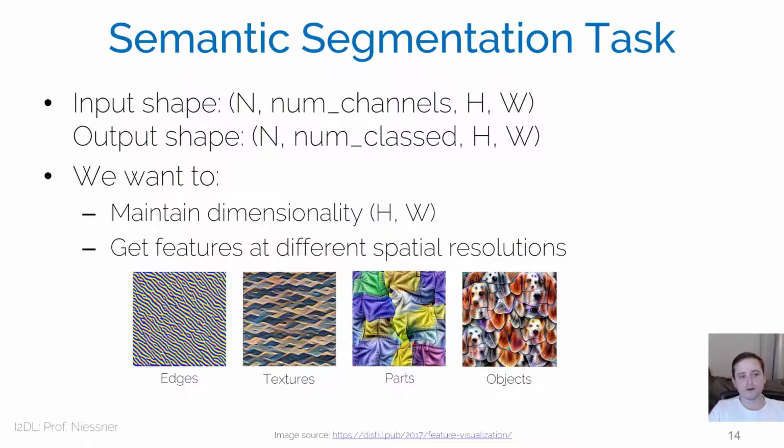And we want to put it through a neural network that maintains the spatial dimensionality and yet is able to compute features along the spatial dimensions, but at different resolutions. Because sometimes important features are small in the image, and sometimes you need more global context to realize what's going on and how to label this pixel.